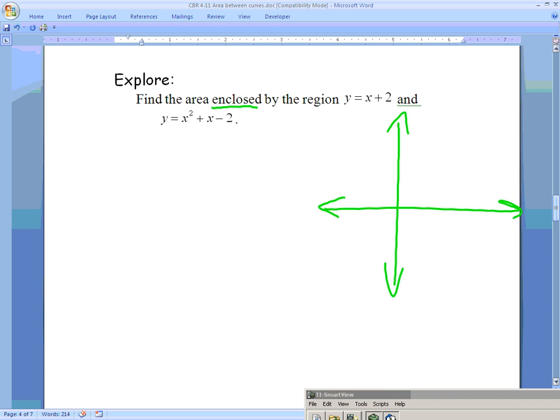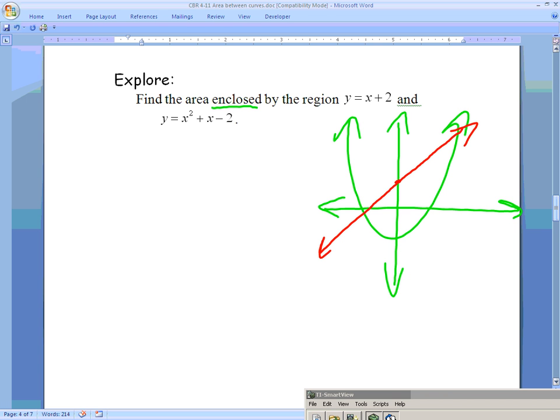Now, to start with, we have a parabola, and I could get that into vertex form, but I'm just going to rough estimate it here and say that I've got some sort of parabola, and then I've also got some sort of line happening here, which is y equals x plus 2, which would have a positive y-intercept and a slope of 1, so it would look something like this.